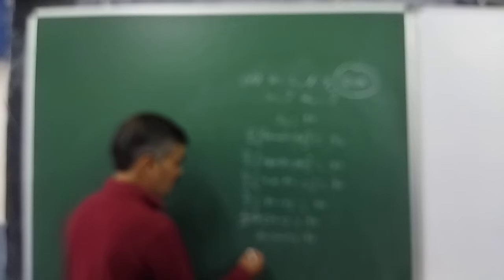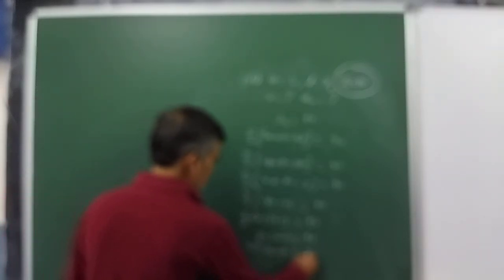So finally we are reaching at quadratic equation here. 2 into 2 is 4n square minus 2n. 4n square minus 2n minus 90 is equal to 0.